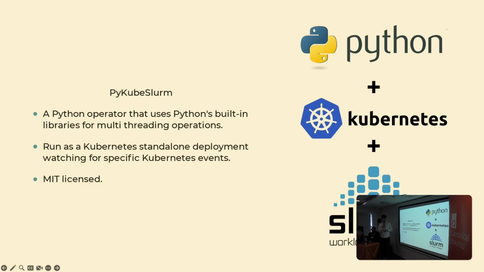And the whole idea is to run as a standalone Kubernetes deployment. And by deployment, I don't mean exactly the deployment resource in Kubernetes. It could be a stateful set, for example. If you are familiar with Kubernetes, you might know what I mean. It just needs to be deployed. It is designed to be deployed in Kubernetes, right?